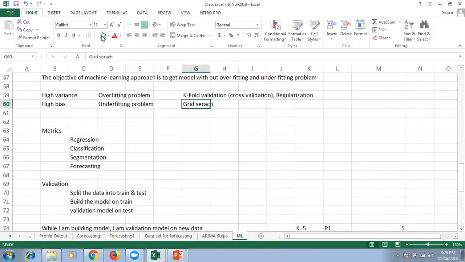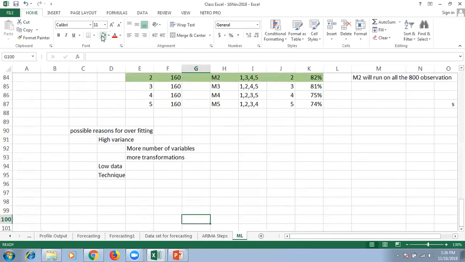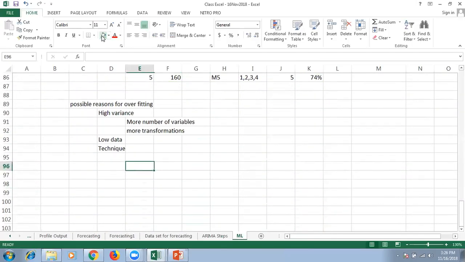The regularization is something different; the cross validation is what we are trying to do to get the best model out of it. The regularization is something where we adjust the betas.